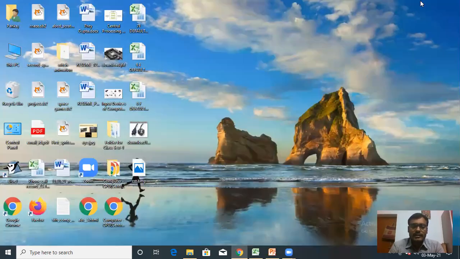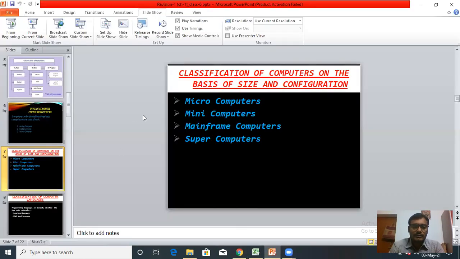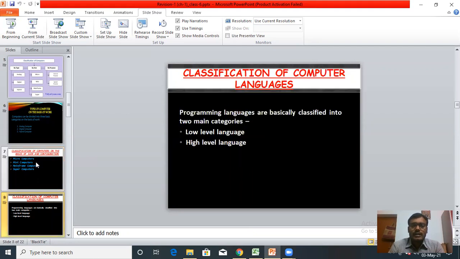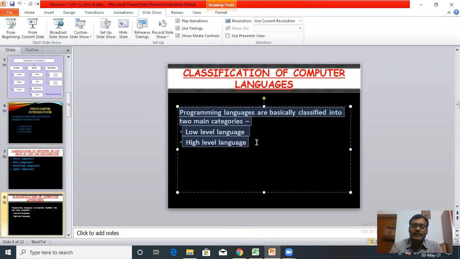Now coming to the next topic, classification of computer language. Programming languages are basically classified into two main categories: low-level language and high-level language. Low-level language means machine language, which the computer can understand.